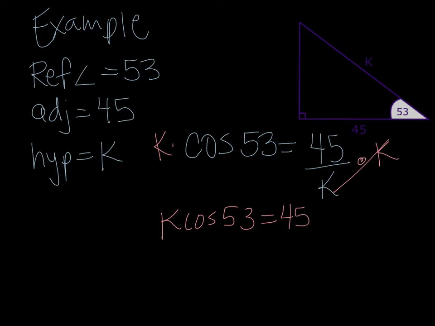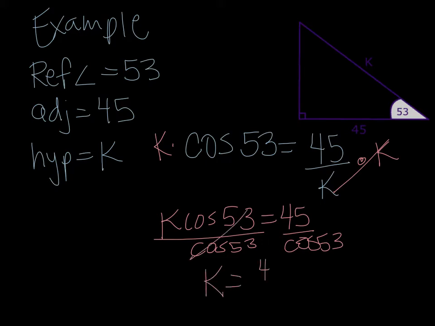We're trying to get k by itself, so now we're going to divide both sides by cosine of 53. And we're left with k equals 45 divided by cosine of 53. Now, what I want you to notice here, once again, we started with cosine of 53 equals 45 over k.